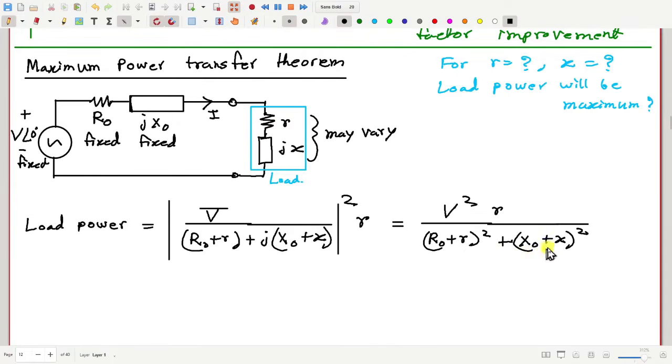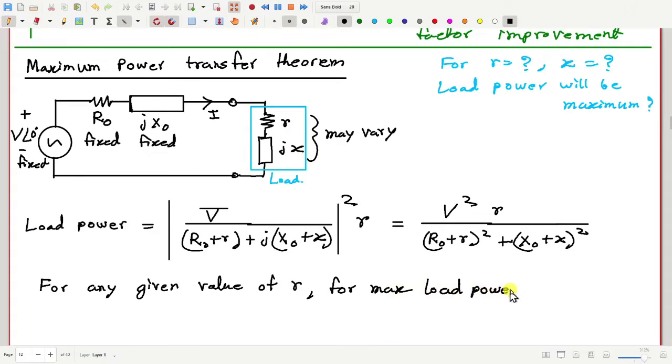So you can see that for any given value of little r, for maximum load power, little x should be equal to minus of capital X naught, because then this term will be 0, the denominator will be minimum, and power will be maximum.